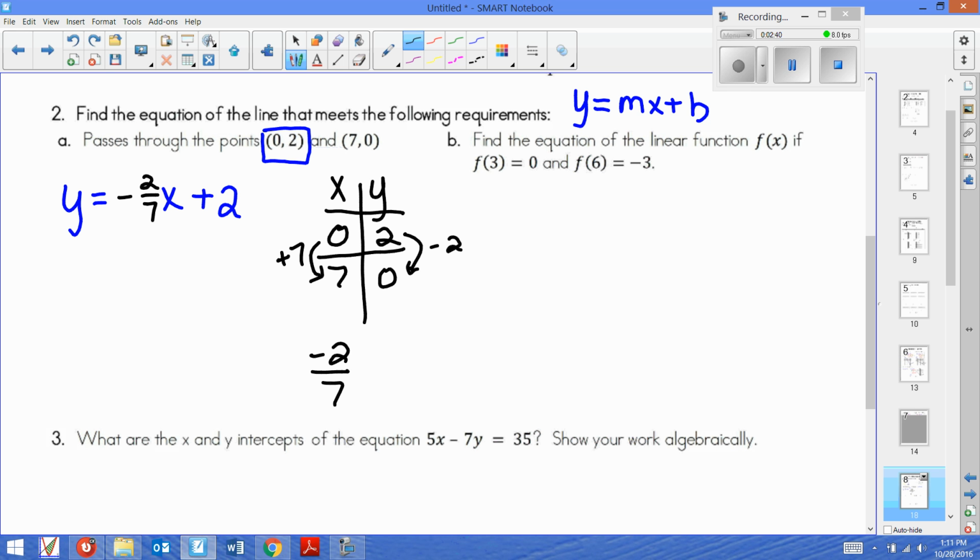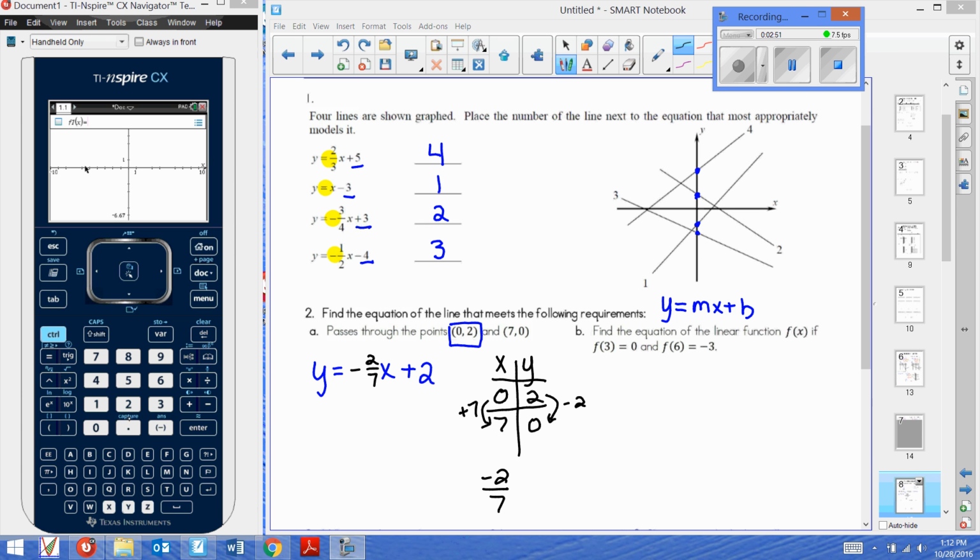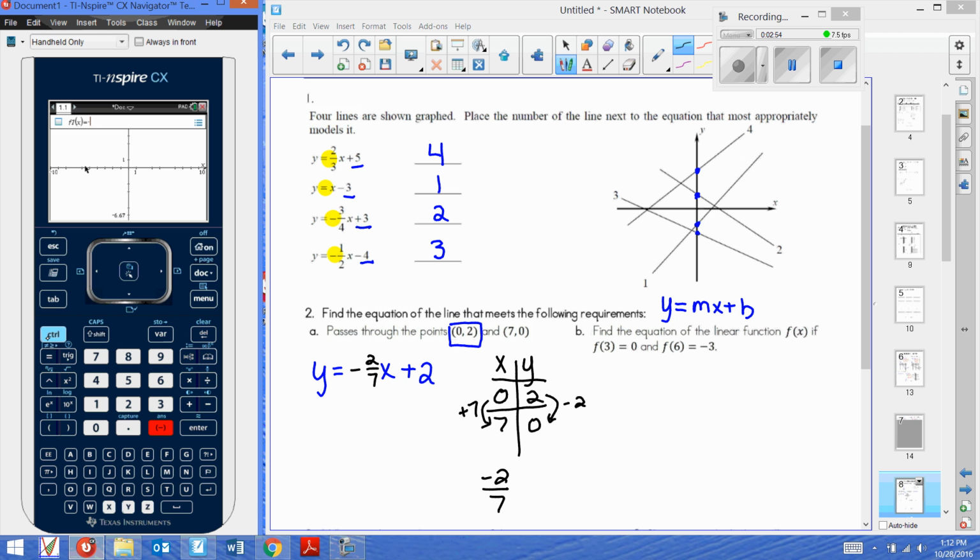If we wanted to check this, we could hop to our calculator and graph and make sure the table shows these 2 points. Let's actually do that. Okay, let's graph -2/7 x plus 2.